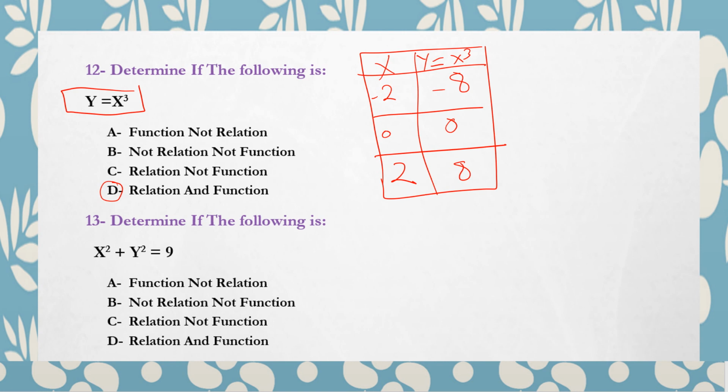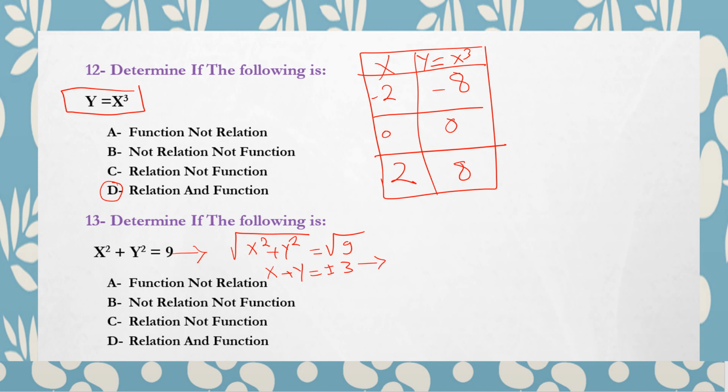Example 13. Determine if the following is a relation and function or not. To simplify this equation, we have to take the square root of both sides. So the square root of x squared plus y squared equals the square root of 9. And the equation will be x plus y equals plus or minus 3.